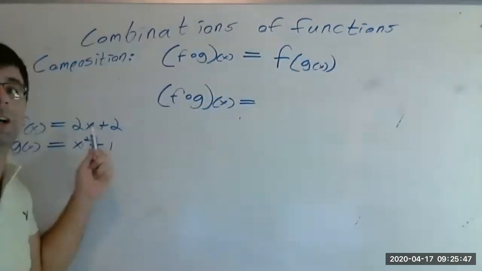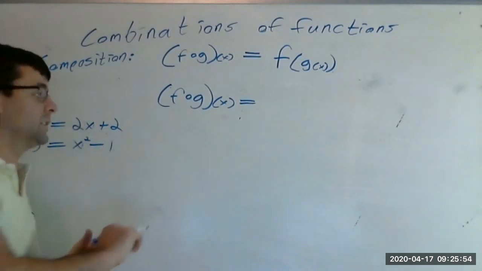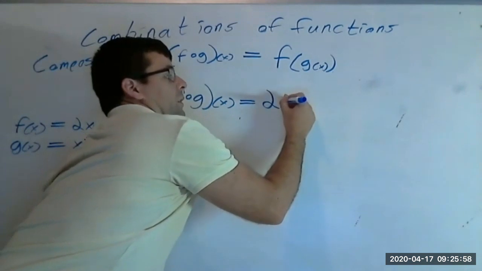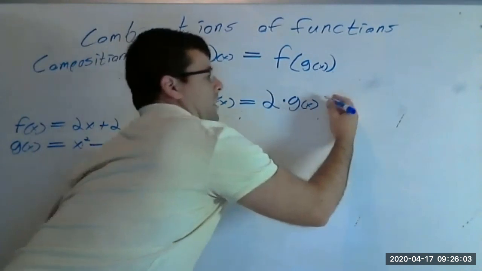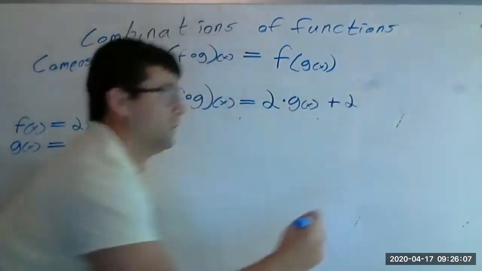So everywhere you saw an x in the function f, you put g of x. So we have 2 g of x plus 2.